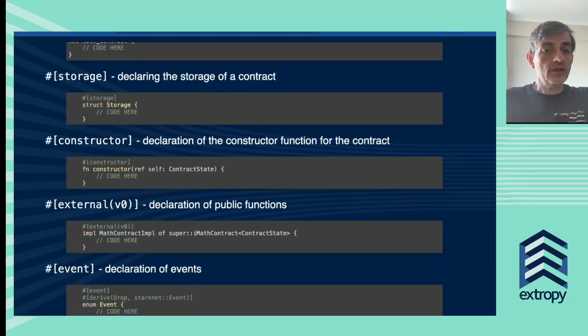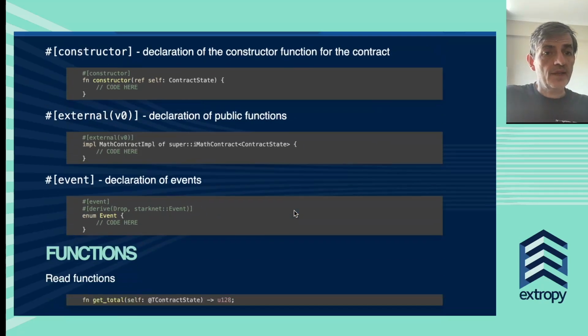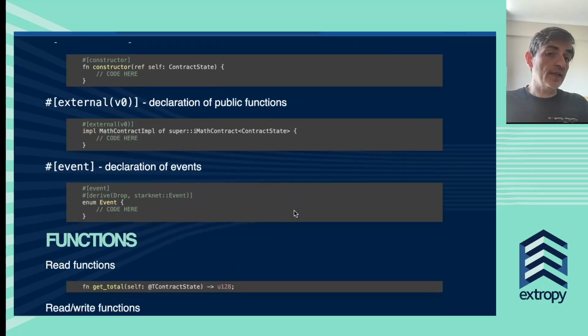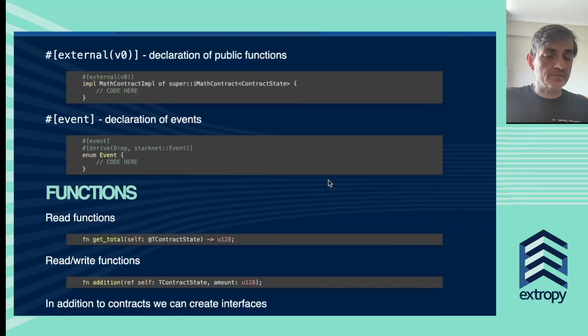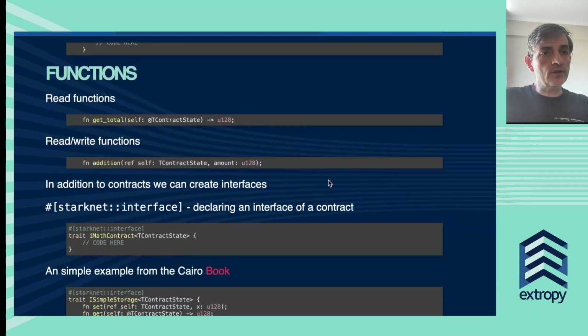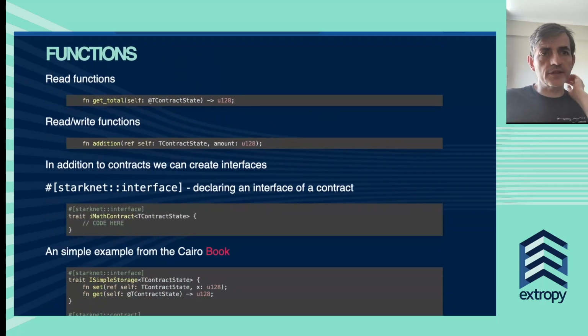If we want functions to be external, available to be called from some external source, such as a DApp, then we should mark them as such, as you can see there with that attribute. And then we can also declare events, and there's an attribute for that, and you can see there that we're defining an event.